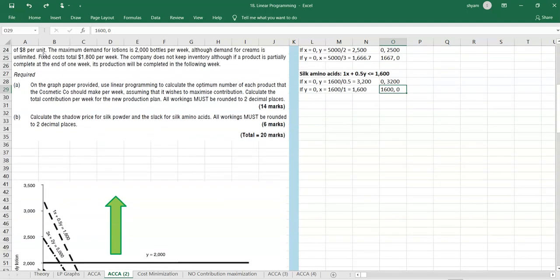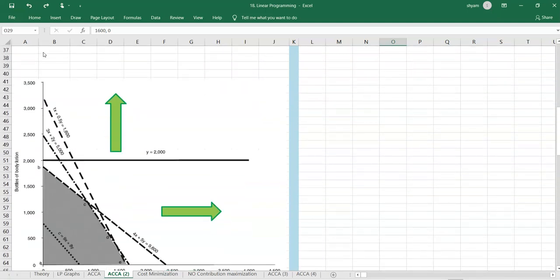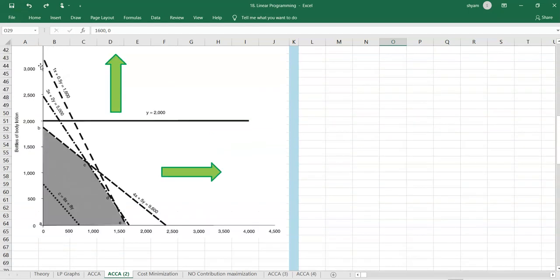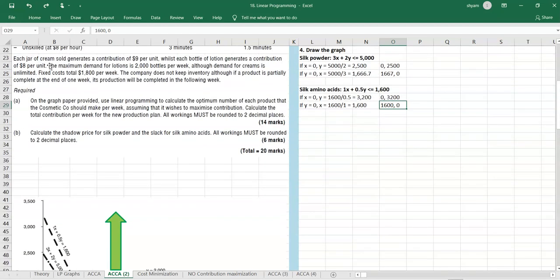X is 1600. So you can put it here. So it is 1600 comma 0. So now connect a line. If you connect it from here to here, it is this line. So this is silk amino acid. Okay, that line. So we got that.